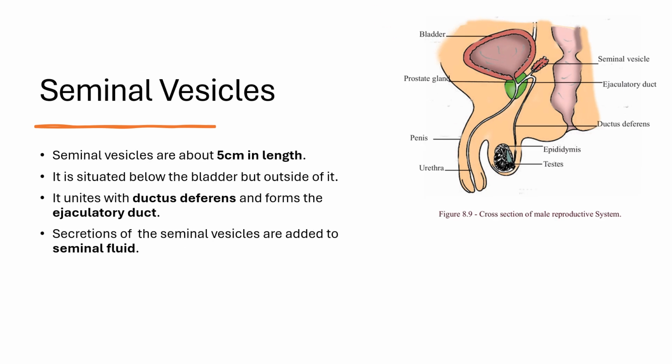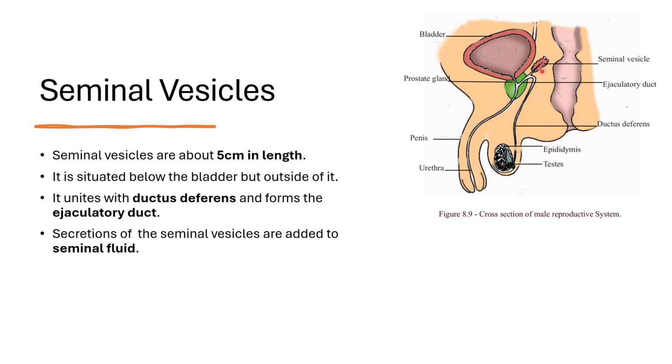Let's have a look at the seminal vesicles. So a man has two seminal vesicles, and as we are looking at the cross section, we are seeing only one of them. So these seminal vesicles are about 5 centimeters in length and they are located below the bladder and also outside of it.